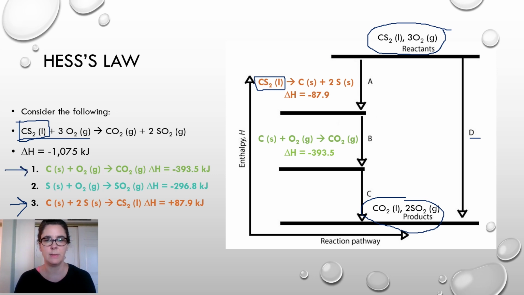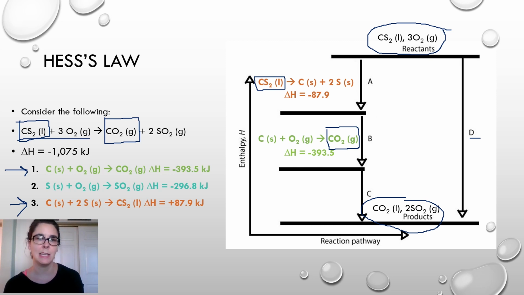So using reaction 1, we produced our CO2 gas, which matches the CO2 gas from our overall desired reaction. Then our last step is combining the 2 sulfurs we produced in part A with the remaining 2 moles of oxygen left over.